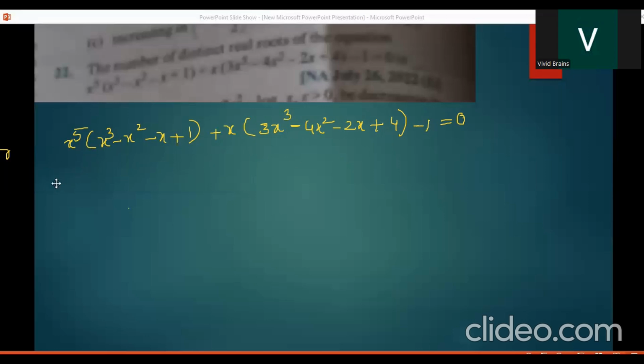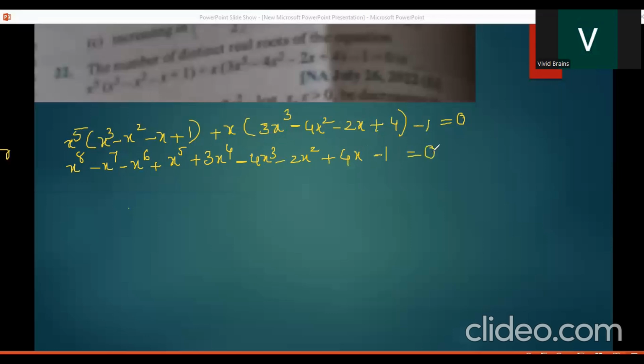What do we write? First let us multiply this. x^8, x^5 into x^3, minus x^7, minus x^6, plus x^5, plus 3x^4, minus 4x^3, minus 2x^2, plus 4x, minus 1 is equal to 0.